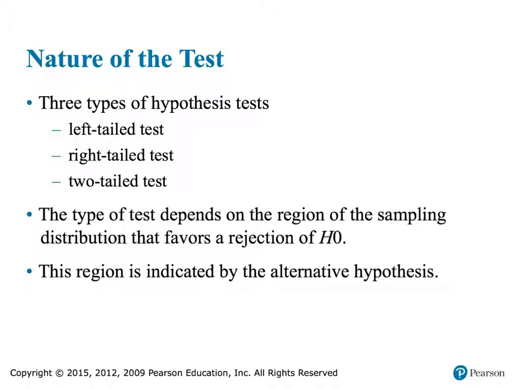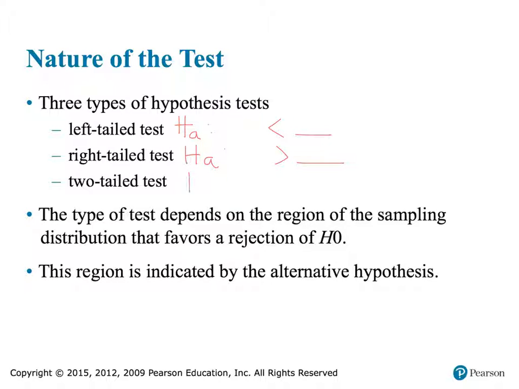Now, a test can be one of three types. It can be left-tailed, where in the Ha, we say that mu or p is less than a number. It can be right-tailed, where in the Ha, we say that mu or p is greater than a number.